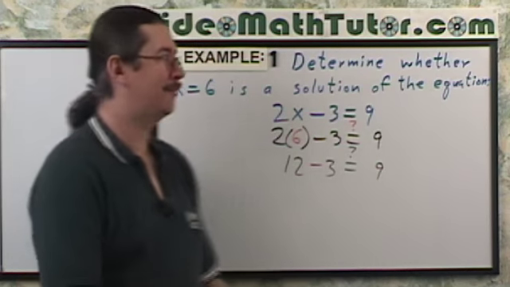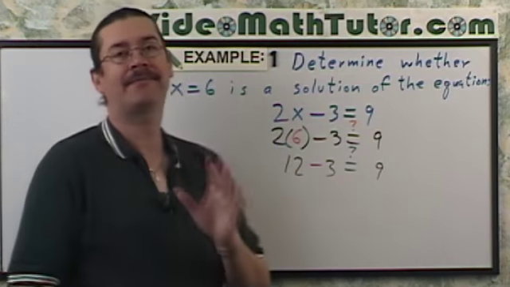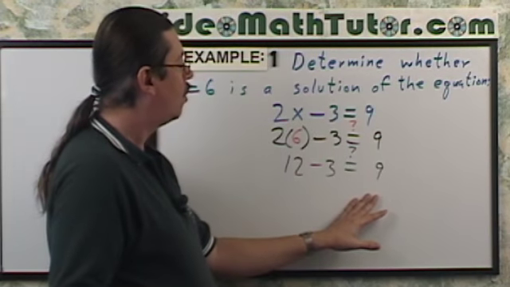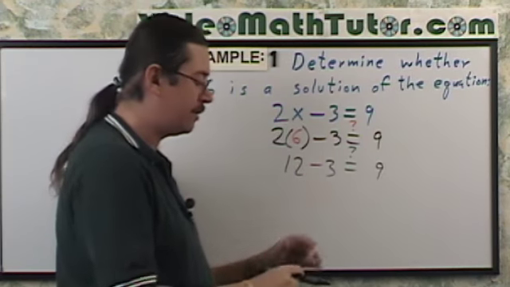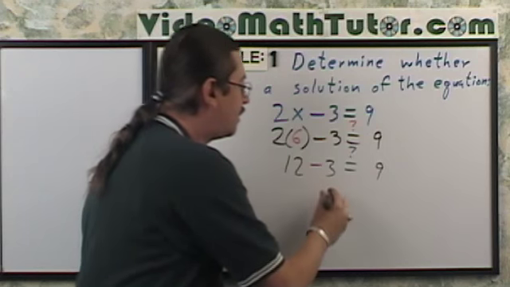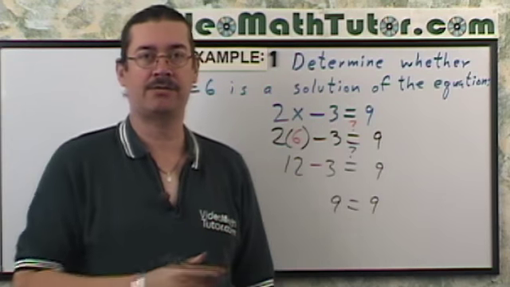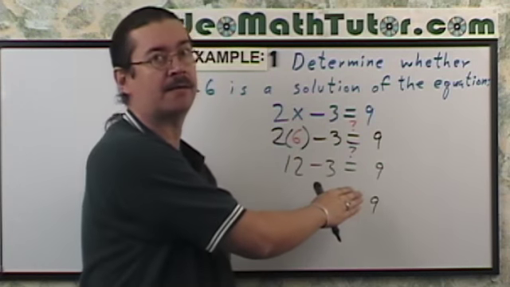Now you might go, come on, Luis. That's 9. Well, I want to stress something. When you do these problems, always continue until you reach the very end of the simplification. I can go one step further. 12 minus 3 is 9 equals 9. Is that true? Oh, yeah, 9 equals 9. So we don't put the question mark now.